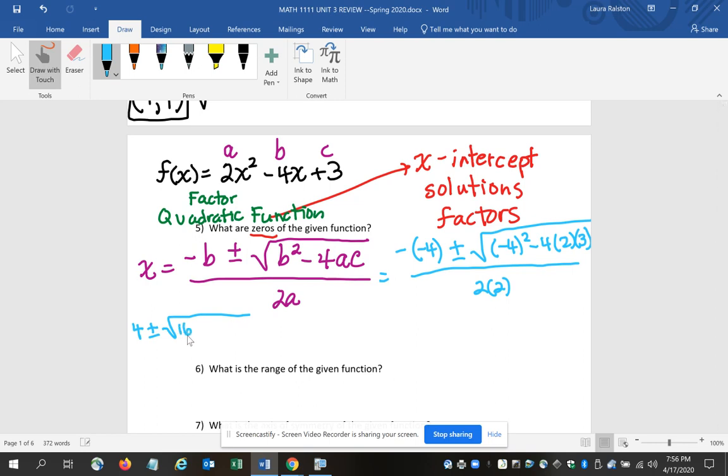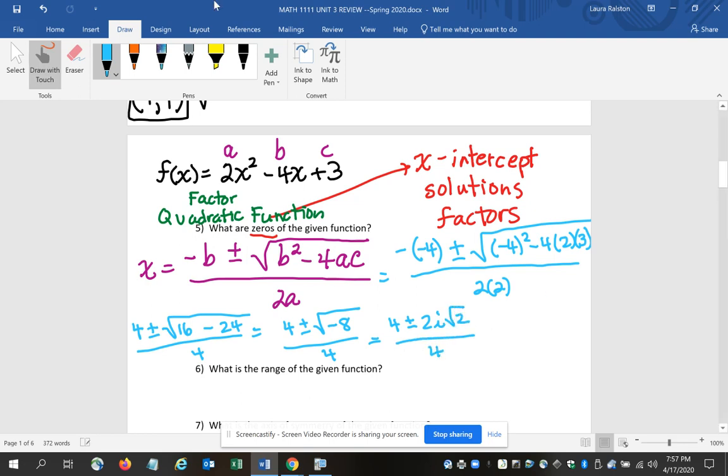Negative 4 squared is 16, minus 4 times 2 is 8, times 3 is minus 24, all over 4, which is 4 plus or minus the square root of negative 8 over 4. So I would have 4 plus or minus 2i square root 2 over 4.